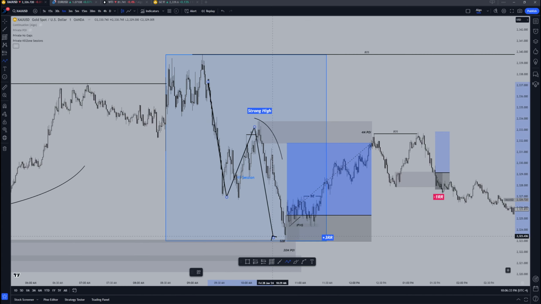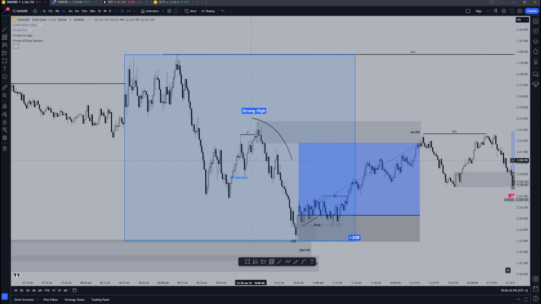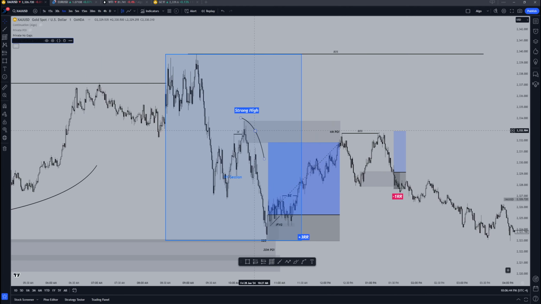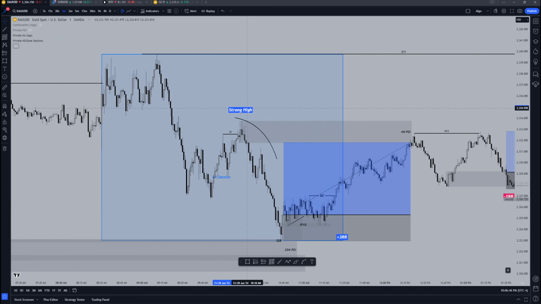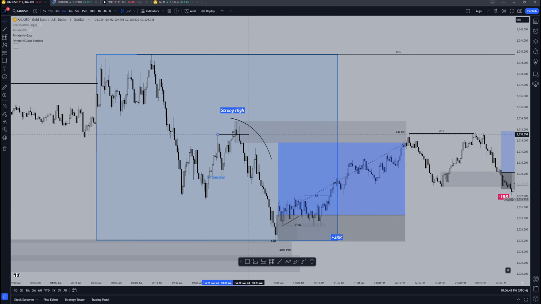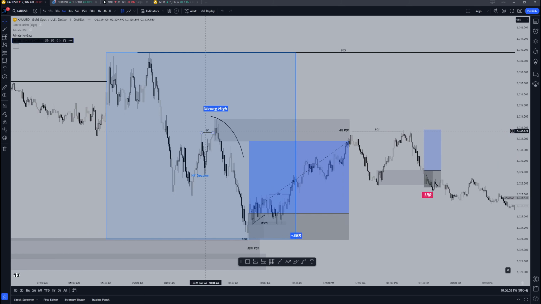Why? Because price never came back to mitigate what was left behind before creating a low. So it was pretty uncertain as inducement. But also, this would have been a strong high because I marked this earlier as an internal sweep. Okay, we had an internal sweep, meaning this potentially could be a strong high because this broke this low.